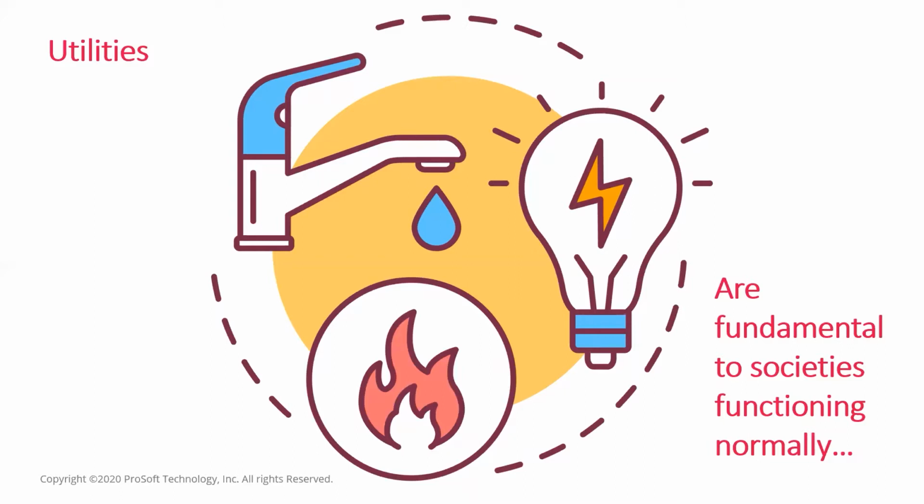When you've got these assets spread over a really, really large area, it's really important to ensure that they're functioning correctly, because when utilities function correctly, societies function normally. And it really is fundamental to any society's progression. Without functioning utilities, you would not see the growth in the megacities we have today.